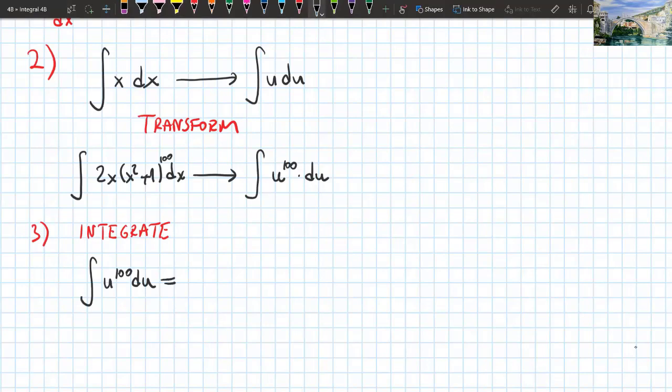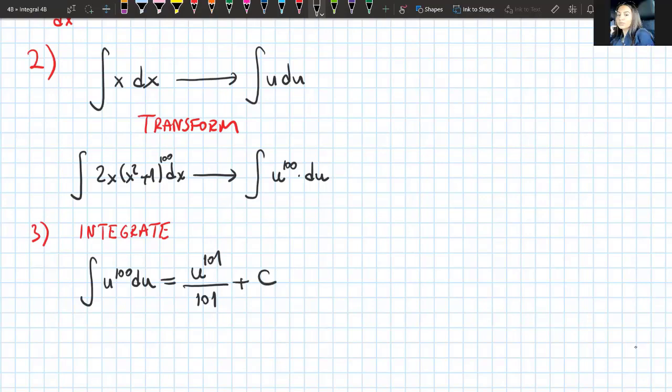So what's the integral of u to power 100? 100 u to the power of 99? No, not the derivative, the integral. u to power 101 over 101. Yes, u to power 101 over 101 plus c. So this is the integral.